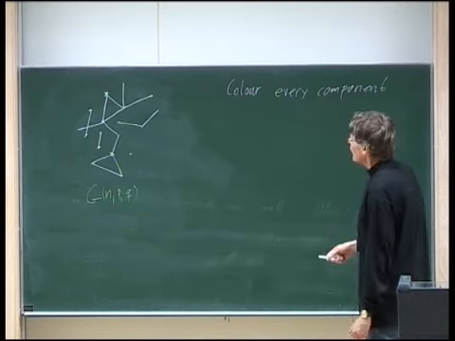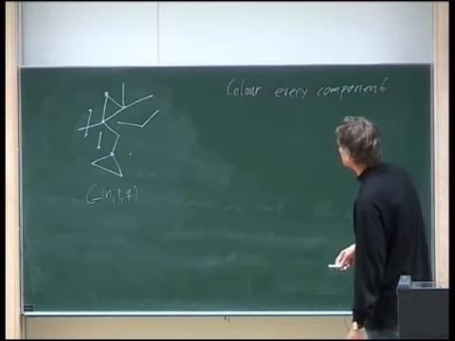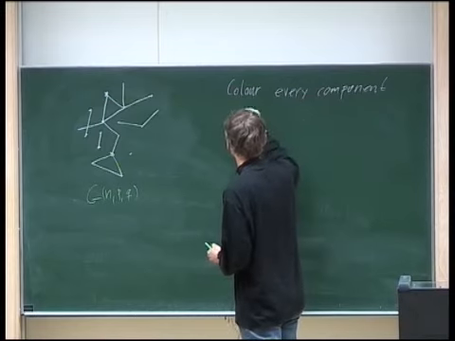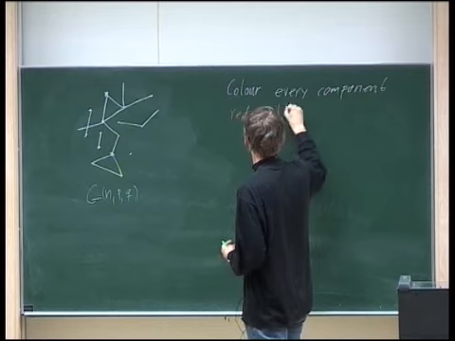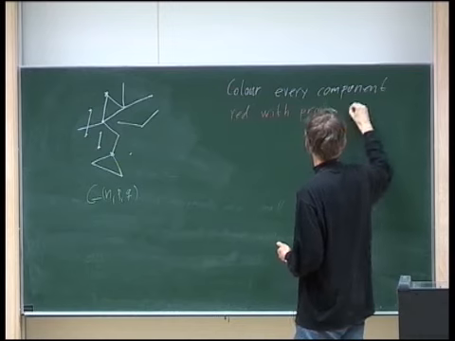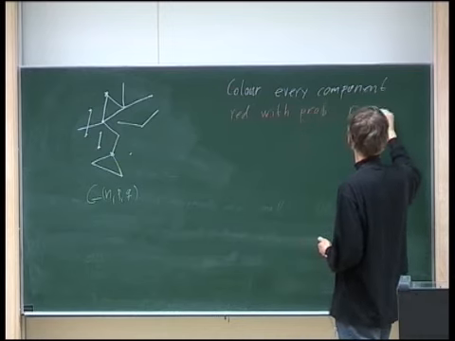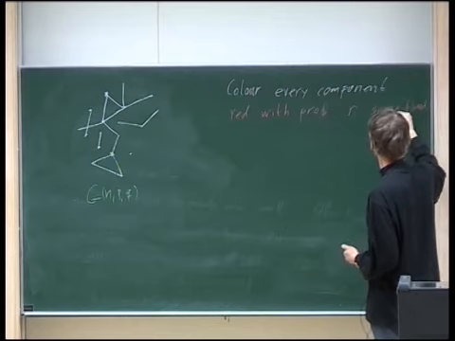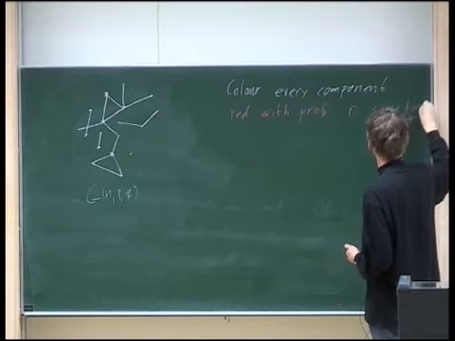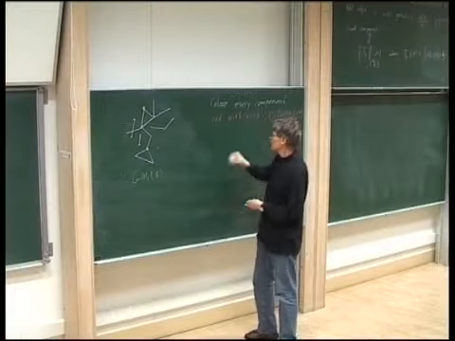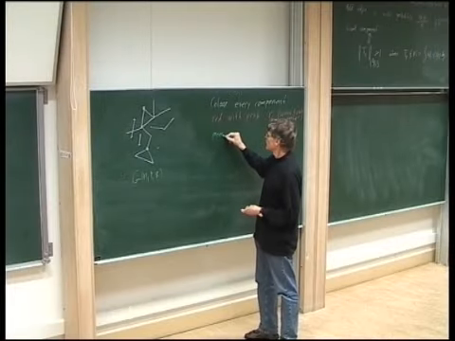And now we look at what components we have. Then we color every component red with probability r, say. r is some fixed number we have chosen, between 0 and 1, preferably, and green otherwise.